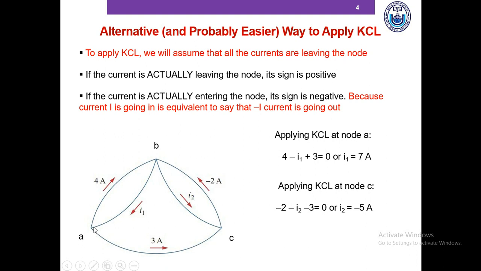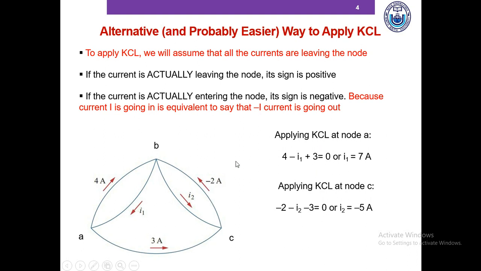And in this branch we see that the current I1 is actually entering the node. So if I1 is entering the node, that means minus I1 is leaving the node. That is why we give minus I1 in the equation. And the current in the 3 ampere branch here is actually leaving the node A, which is why it's plus 3. And then we write equals 0. From this equation, we can get the unknown branch current I1 here.